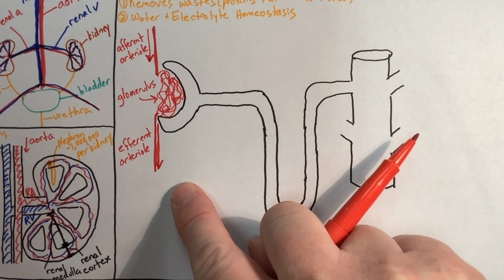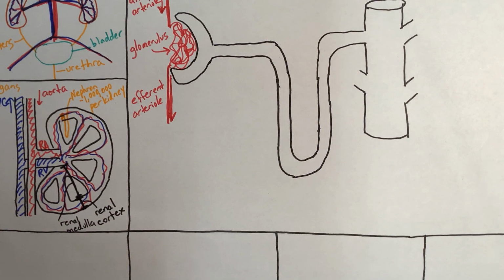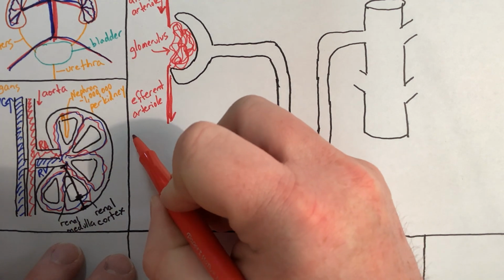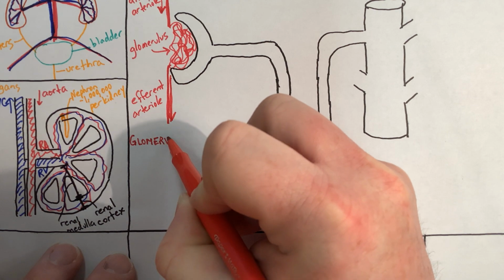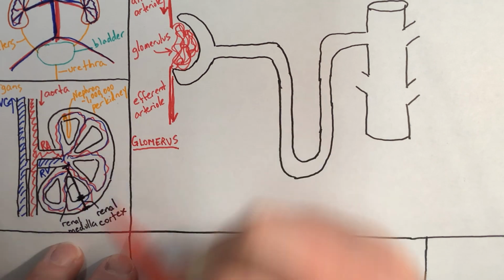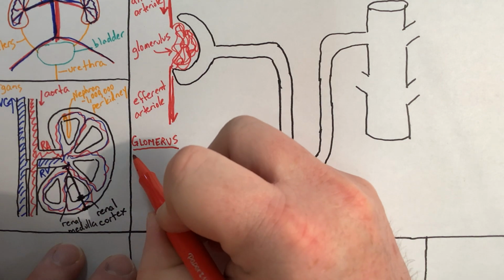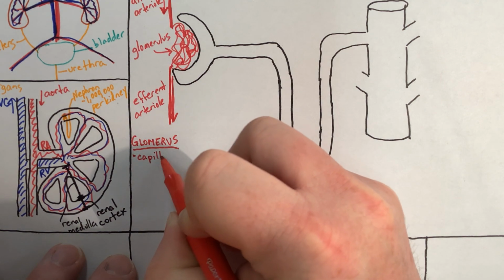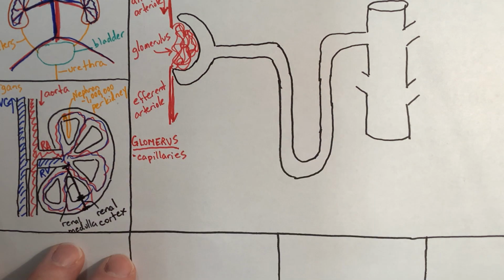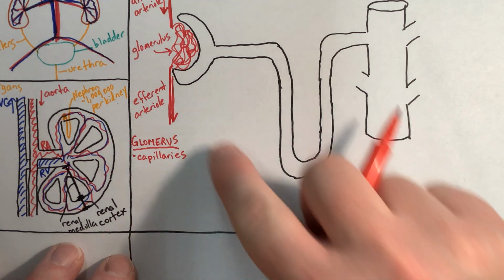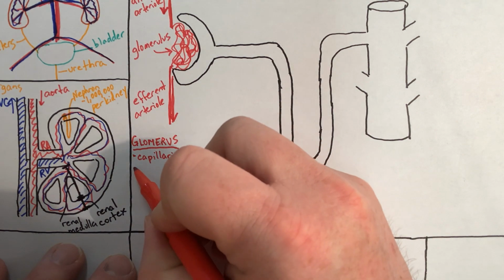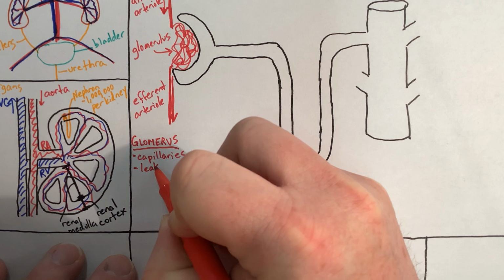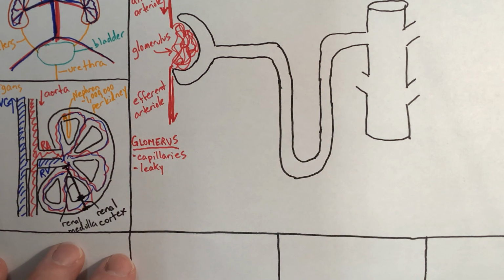So let's talk a little bit about the specializations, or form follows function, of the glomerulus, knowing that we're trying to filter things out of the blood. So our glomerulus, what's that all about? The glomerulus is made of a lot of capillaries, and that's really important. That increases the surface area, increases the opportunity to exchange materials. Those capillaries are particularly leaky, so that makes it so that a lot of things can get out of there.